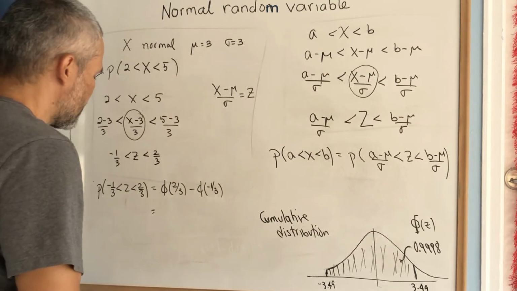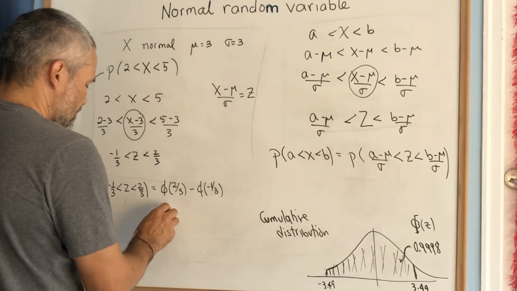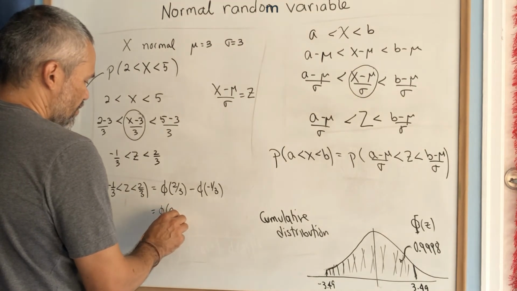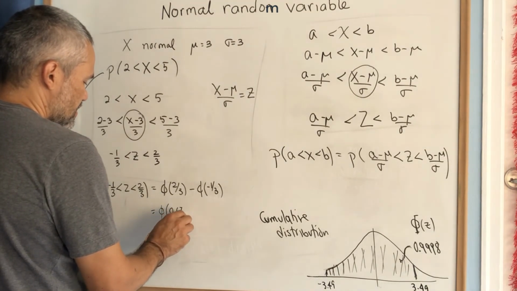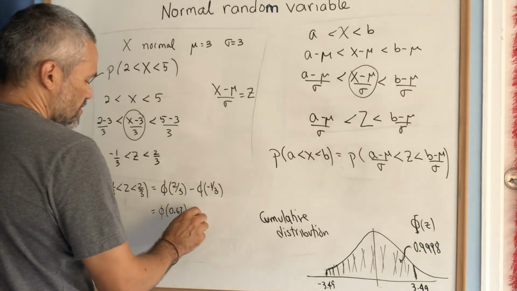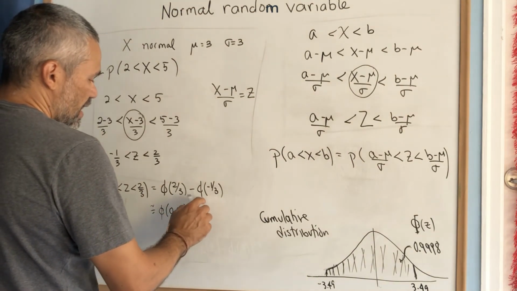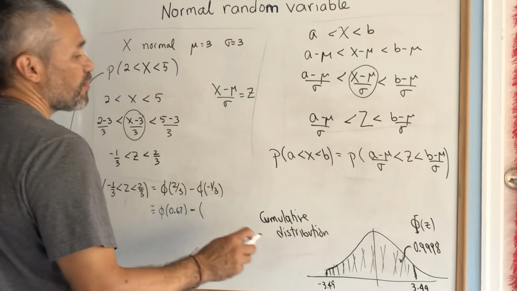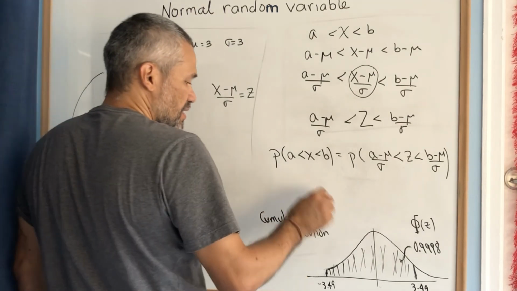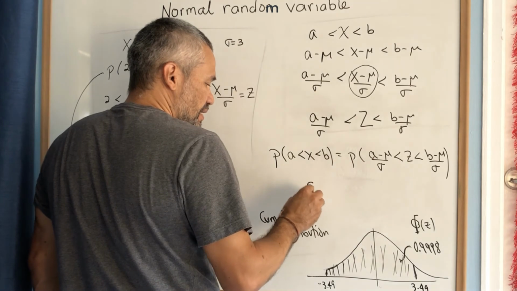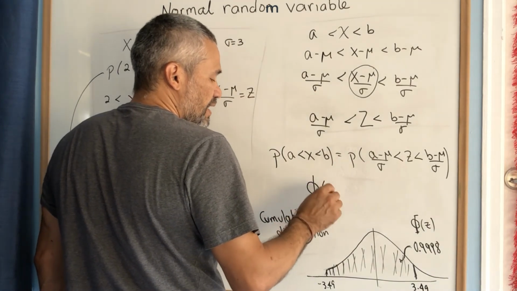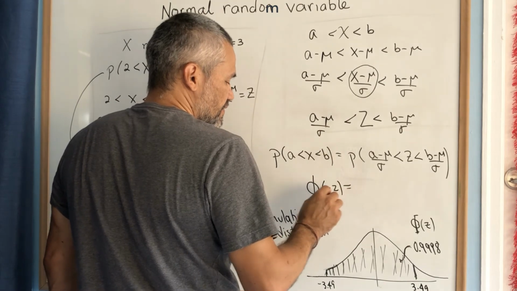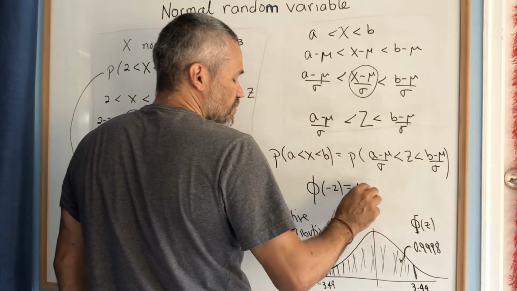2/3 we can get from the table. We can round this. C of 2/3 is approximately 0.67. And remember, when you have a negative number, you have to use this formula, which is due to the symmetry. C of a negative number, let's say minus C, if C is positive, then this is negative.